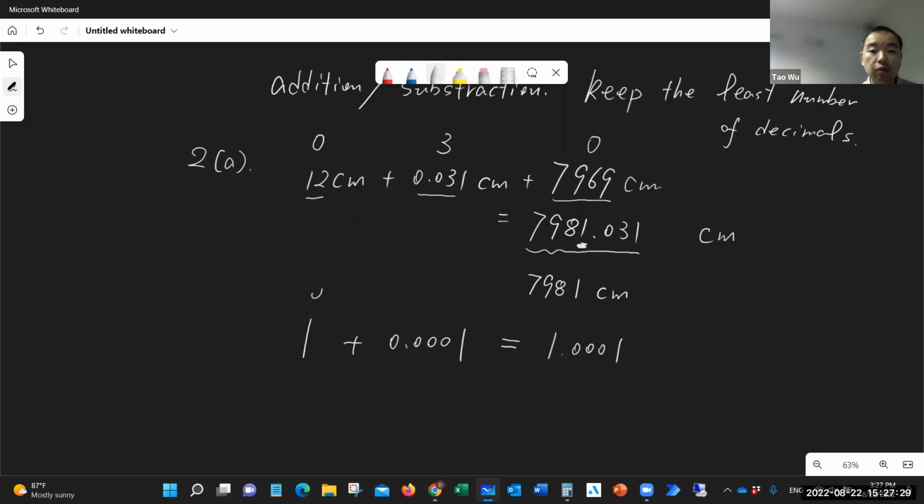This one has no decimal and this one has 4 decimals, so we keep the least, which means no decimals. So 1 plus 0.0001 is equal to 1, which means it generates no change. A very big number plus a very, very tiny number eventually makes no change. That makes sense, right?